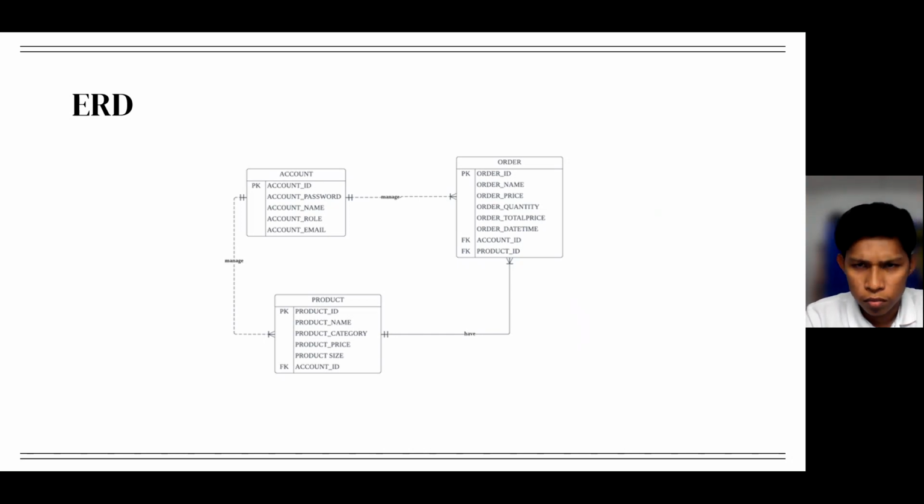In the order table, it contains the order details like name, price, quantity, ID, total price, date, time, and so on. The product table contains the product details such as ID, name, category, and so on.